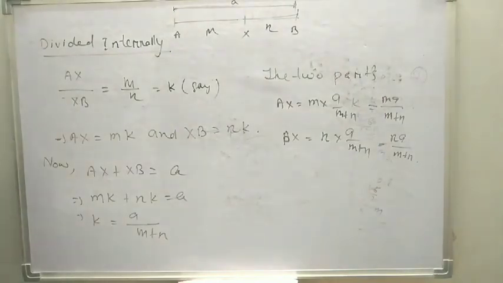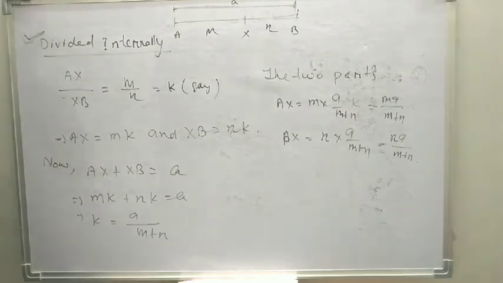Similarly, we can divide the line segment externally also. Now let us see how we can divide the point externally, and we can prove that when a straight line of a centimeter is divided at a point externally in the ratio m is to n, the length of each segment will be ma by m minus n and na by m minus n centimeter.